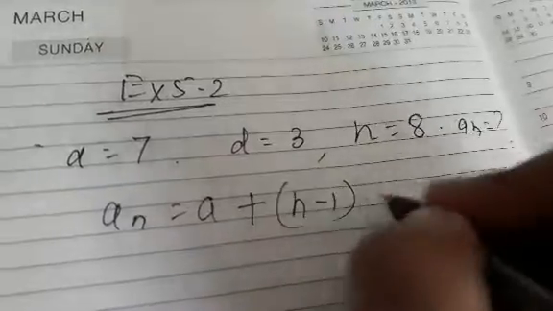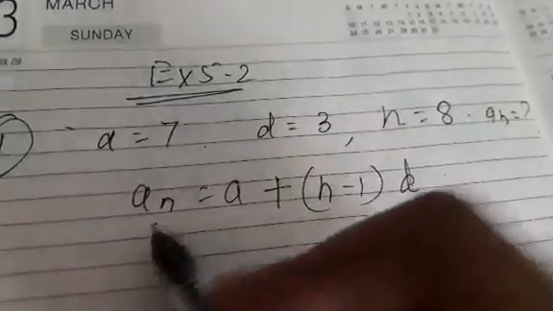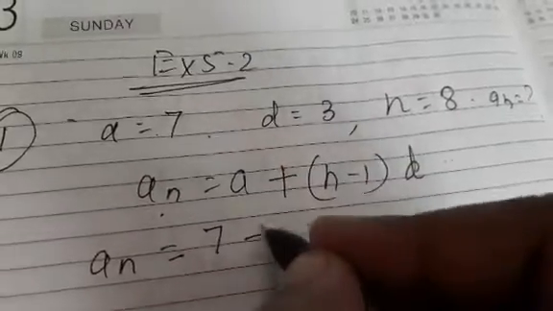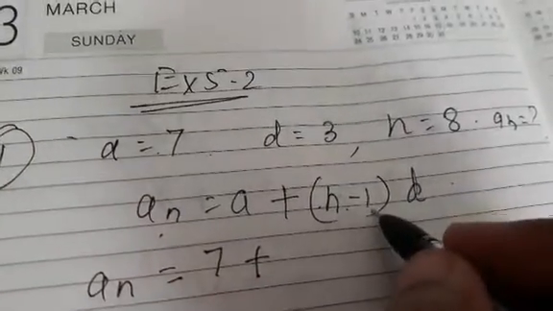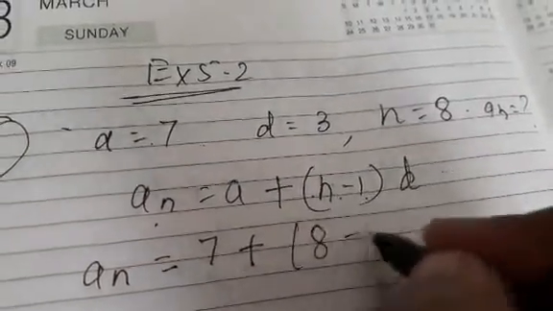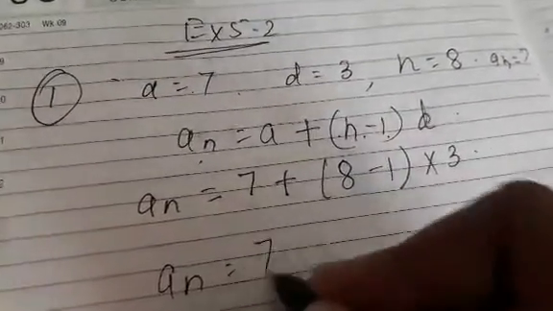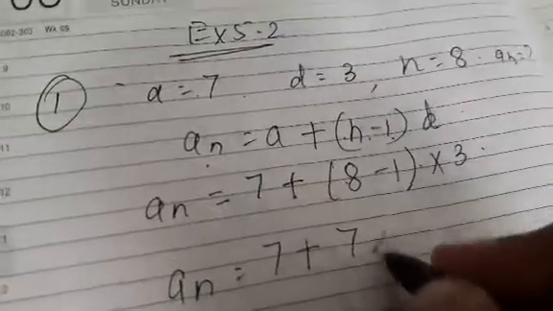So AN is equal to, we know the formula, A plus N minus 1 into D. AN is equal to, A is 7 plus N minus 1, that means 8 minus 1 into 3. AN is equal to 7 plus 7 into 3.